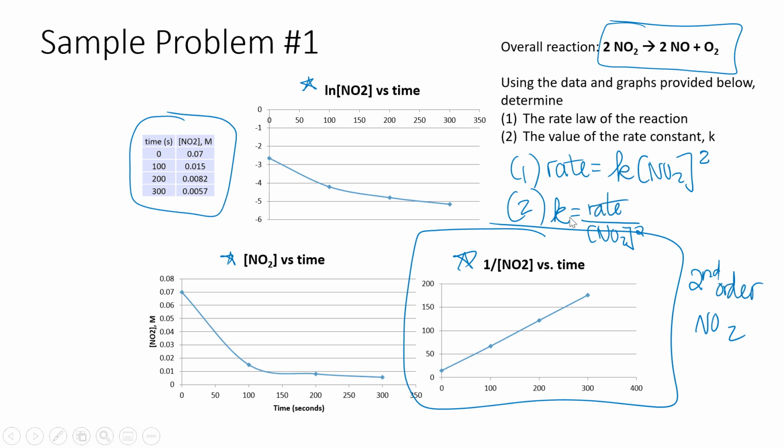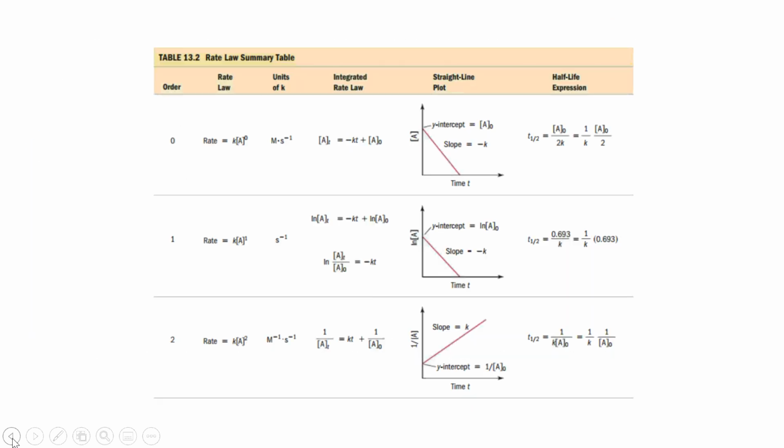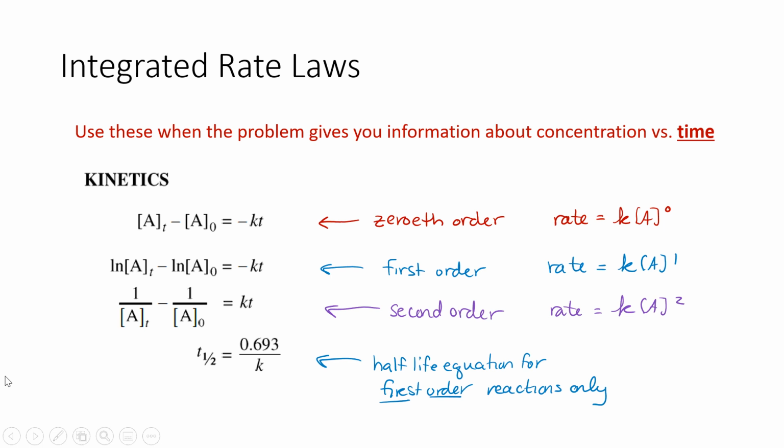Remember, whenever you have concentration versus time data, there's another equation we can use. Let's go back and look over here. We just realized that this reaction was second order, so that means we can apply this equation right here, and plug some numbers in to solve for k.